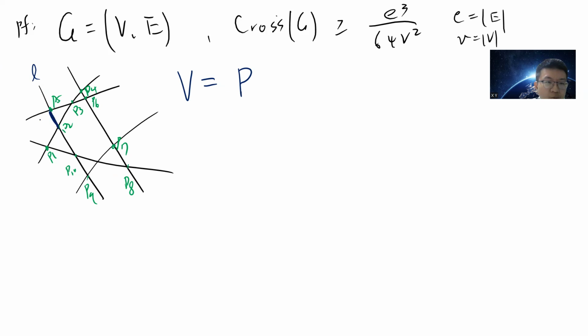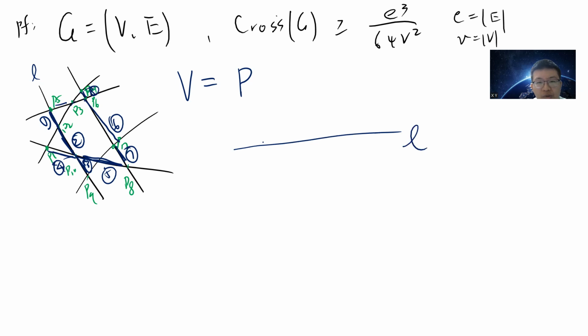So this is edge 1, another edge, another edge. And for this one, another edge, and another edge. Basically, given any line, if you have all these points, then I define the set of consecutive segments to be the set of edges E.